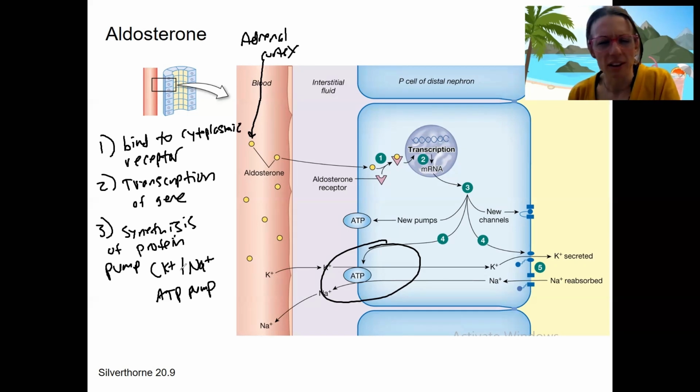Number 4 in this image, what is, oh shoot, what am I missing here? This is 3, 4. 3 and 4 are really the same. 4 also can be the modulation of existing channels.